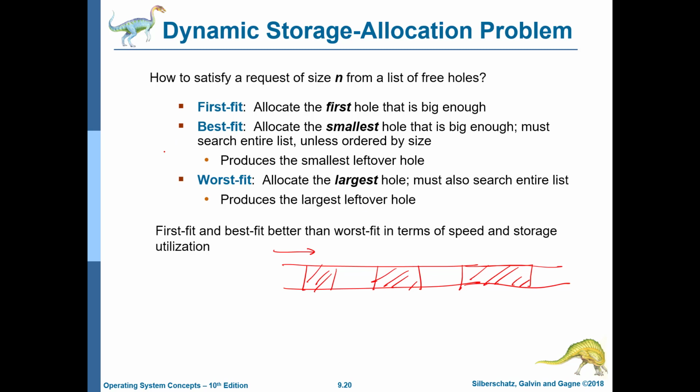For best fit, you find the smallest hole that is big enough to hold the block. The priority queue will give you the minimum, but the minimum might be smaller than the size of the block. So that's the reason for first fit, a linked list is probably a better choice.